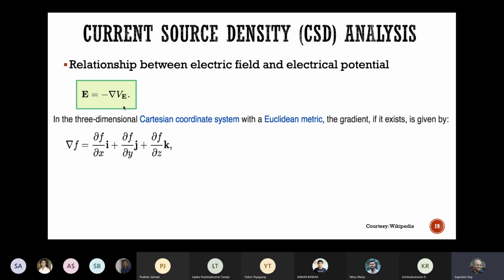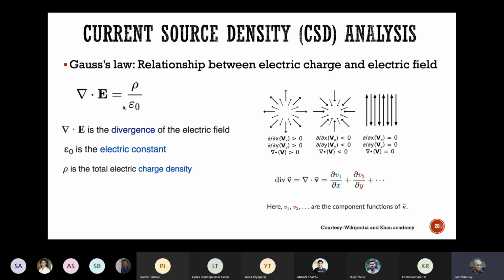So this is good. You find the electric field, but what do you do with the electric field? It turns out from the electric field, you can compute the charge distribution which generates this electric field, and it's nothing but what is called the divergence of the electric field, where you take a dot product with this del operator.